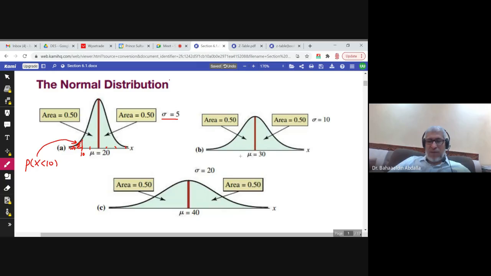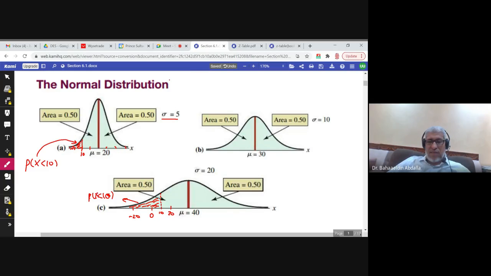Notice that if this is 40, and we go by 20, this is 20, this is 0, and this is negative 20. If I ask you about the probability that X is less than 10 here, in this example, then this would be the probability of X less than 10.